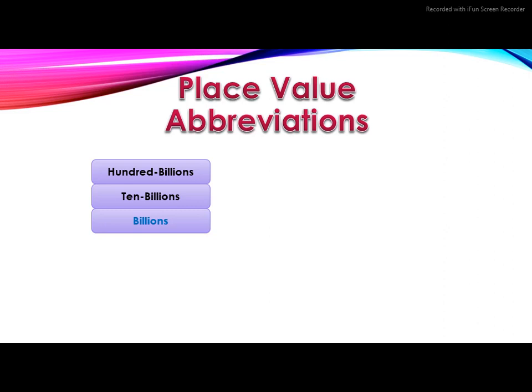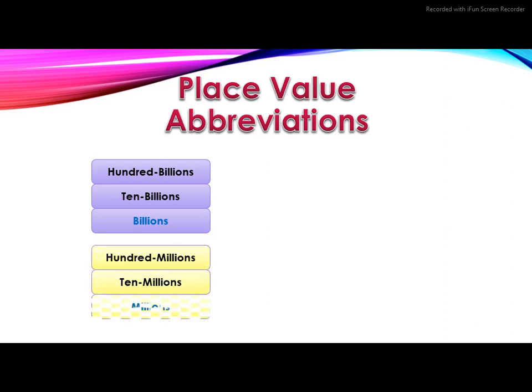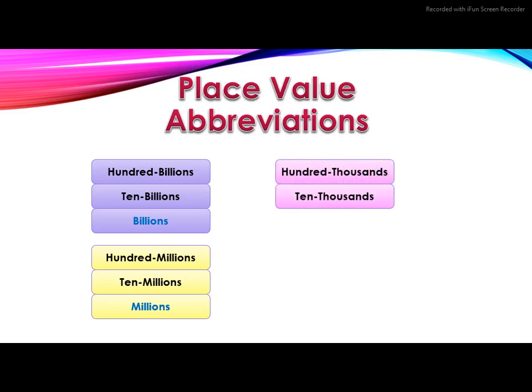They are 100 millions, 10 millions, and millions. Next is the thousands period. We have 100 thousands, 10 thousands, and thousands. And the last one is the hundreds period. We have hundreds, tens, and ones.